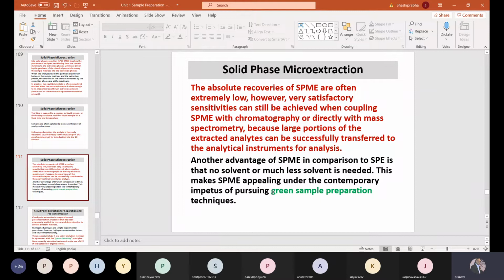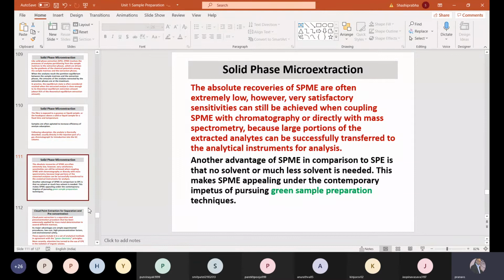Solid phase micro extraction, so with very good efficiencies. What I am telling you is preliminary information about solid phase micro extraction. In more advanced solid phase micro extraction, the efficiency is even higher than 95%. So this was all about solid phase micro extraction.